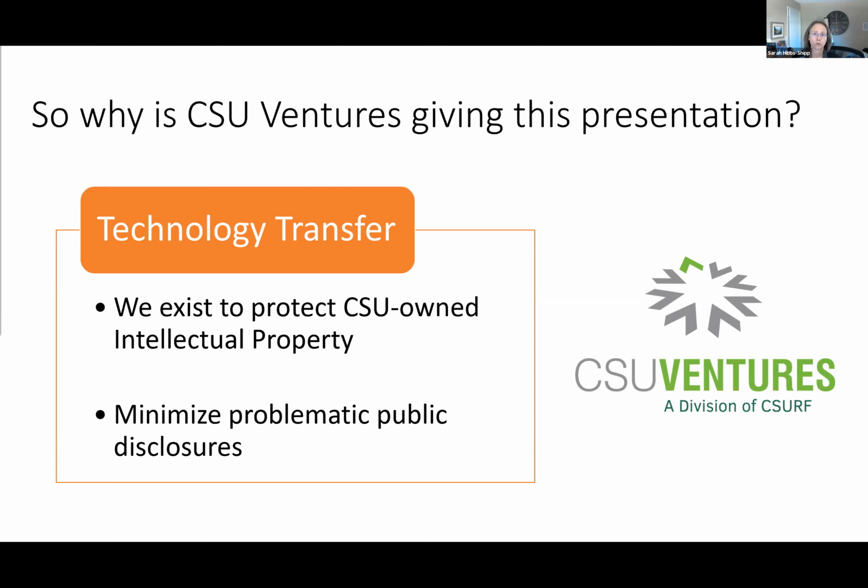And so our goal is to minimize problematic public disclosures of this information that make it impossible to protect it.